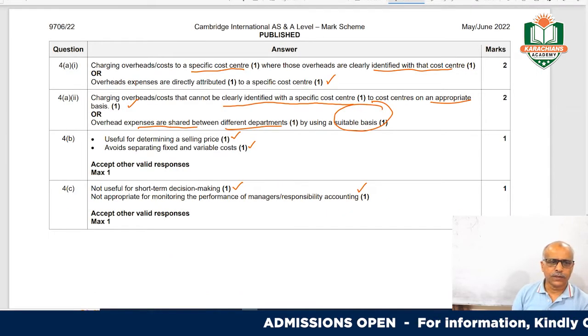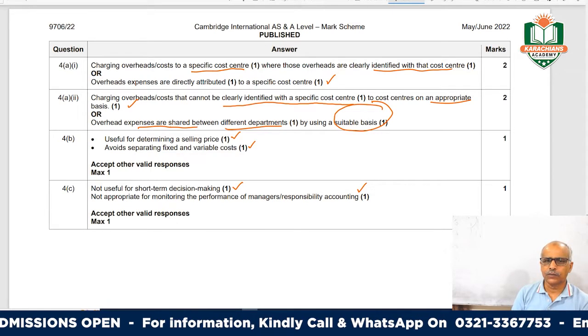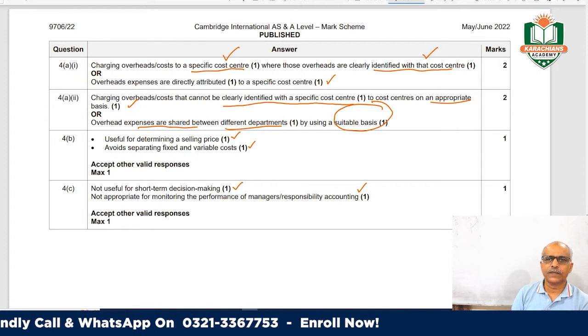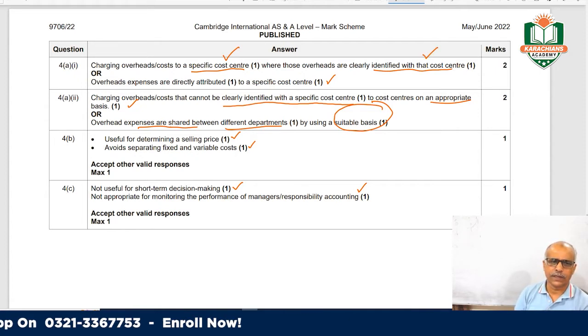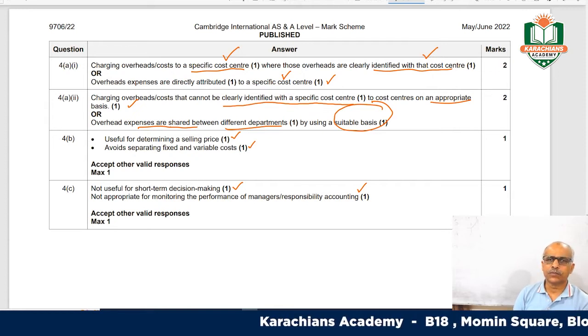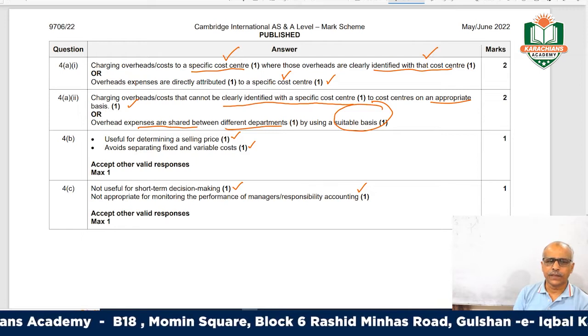So number 1, what is allocation? Charging overhead cost to a specific cost center, which can be identified with that cost center. It is what I explained: overhead expenses are directly attributed to a specific cost center. And what is apportionment?